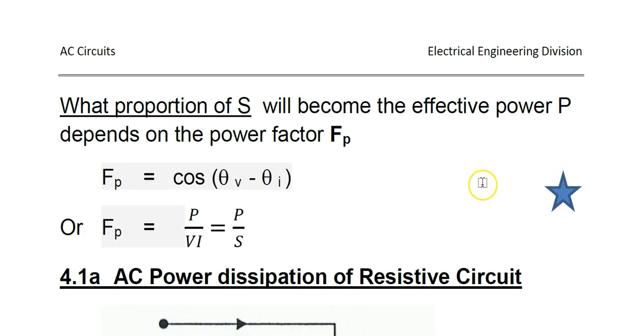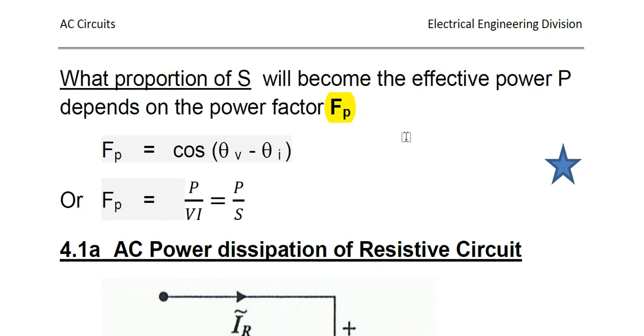So again, what proportion of this apparent power would become what we call the effective power? Actually, it is determined by the power factor, or sometimes we just say PF, or we give the official term F with a capital letter, with a small letter p. So power factor is calculated by the cosine of the initial angle of the voltage minus the initial angle of the current.